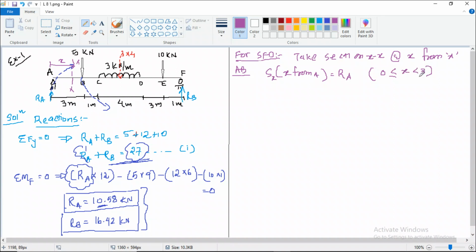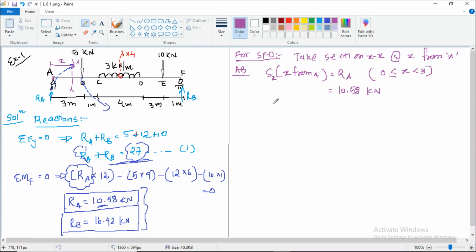So first portion AB is 3 meters. In this portion we have only one force, that is RA. So here the shear force value, we know the value of RA, that is 10.58 kilonewton.